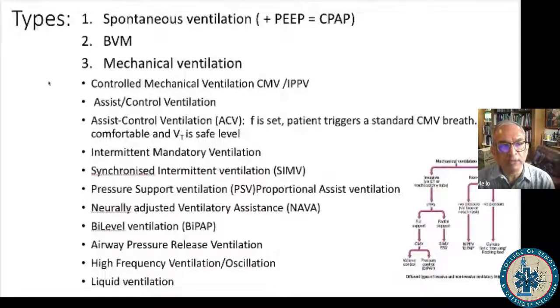Now, the different types of ventilation are available on the intensive care, but for today's purpose, I'm only going to look at the spontaneous ventilation, which we've discussed before in terms of CPAP, the use of the bag valve mask, and I'm only going to look at controlled mechanical ventilation, or IPPV, from all these different ventilation modes.